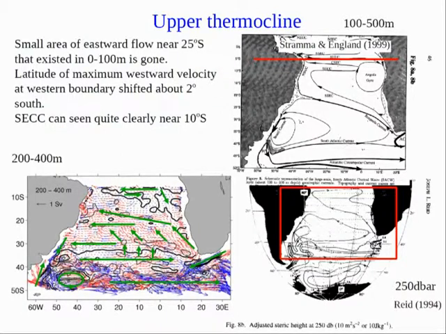You've got a narrower subtropical gyre here, so basically the southern tropical cone shifts south. You can see that in all the figures here. Before it was more up here, and now it's down here. You also see the double gyre structure, but you don't have the eastward flow in between those two westward flows anymore.